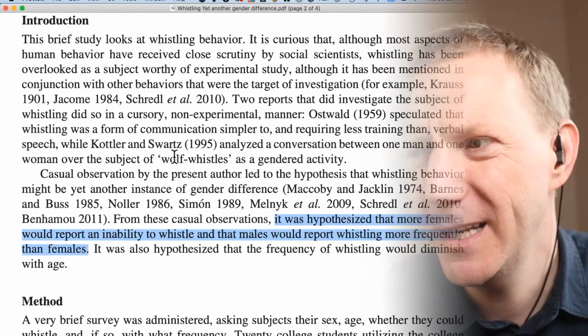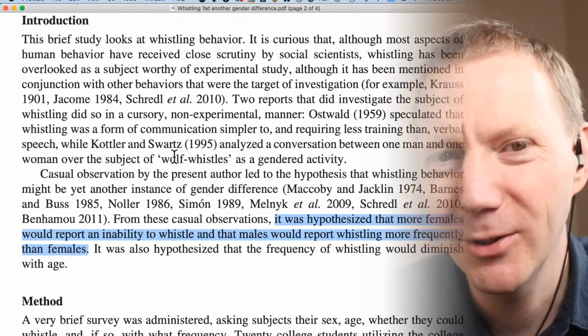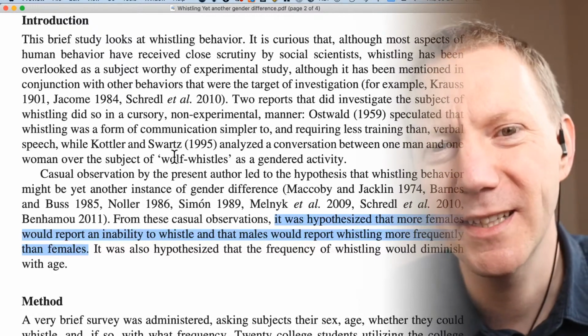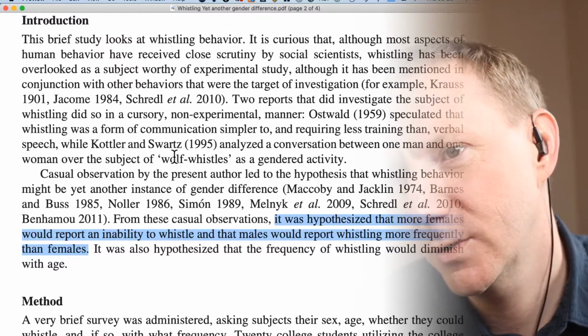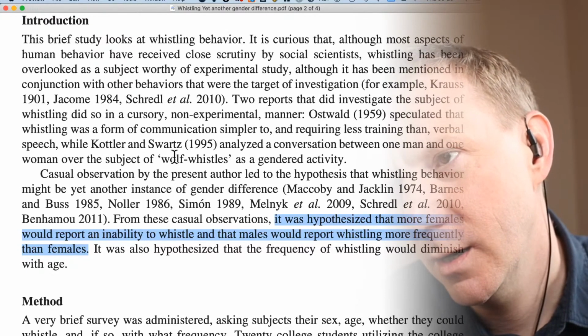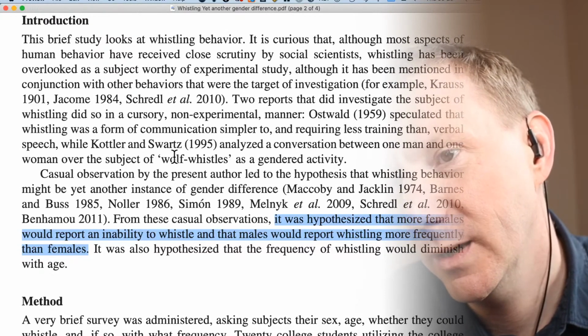And if I read this line, I would also opt for doing a chi-square test because you're saying females would report more inability to whistle.